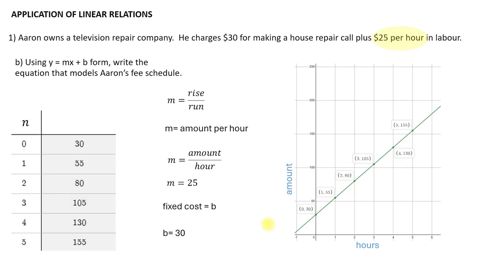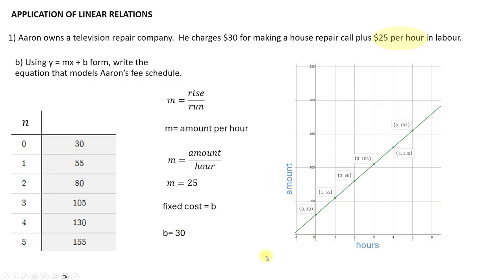Now, the fixed cost is the amount that's being charged at 0 hours. So as we've learned before, the value of y when x equals 0 is our y-intercept, or in this case, the value of the amount when n equals 0 is 30.